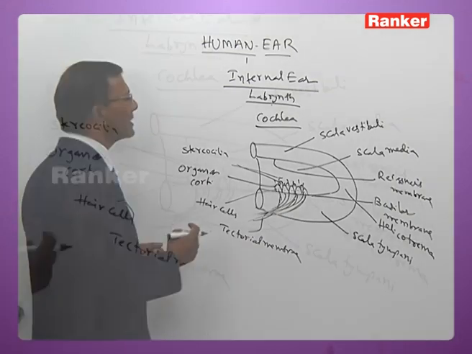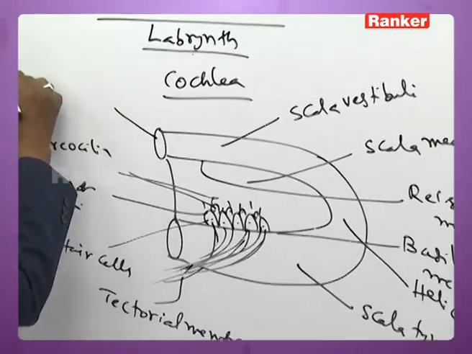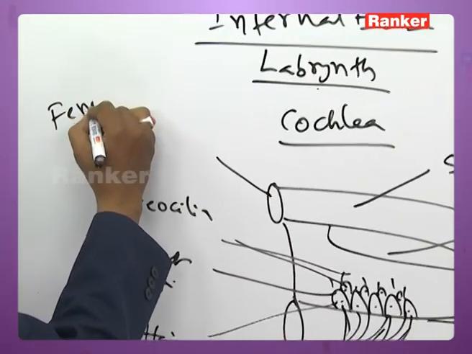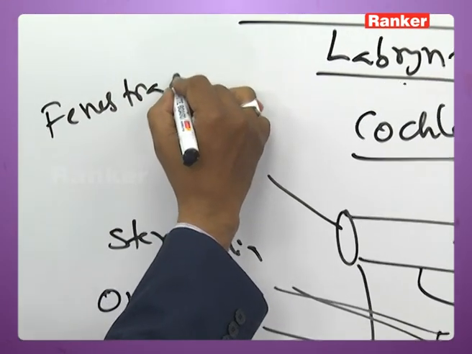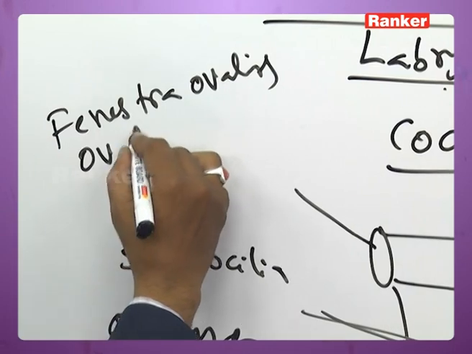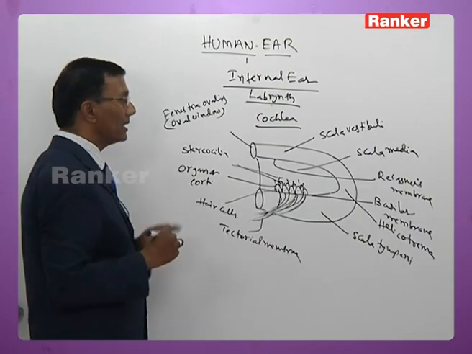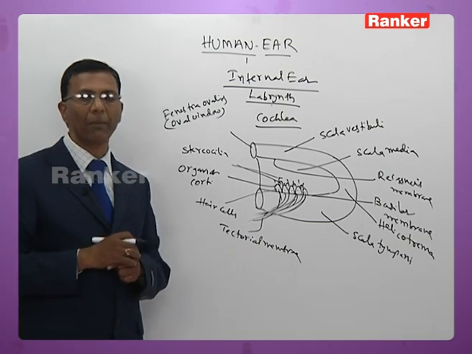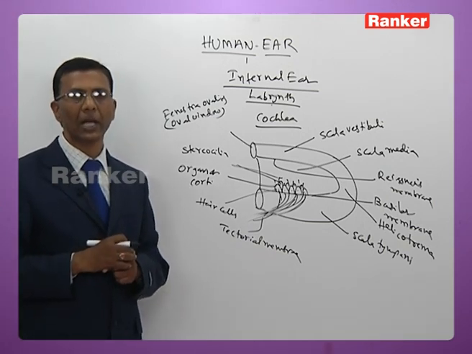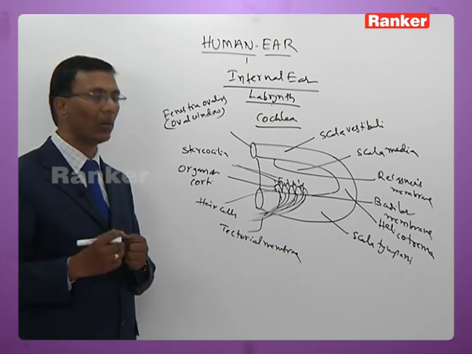Now the scala vestibuli opens into middle ear through an aperture called fenestra ovalis, which is also called oval window.